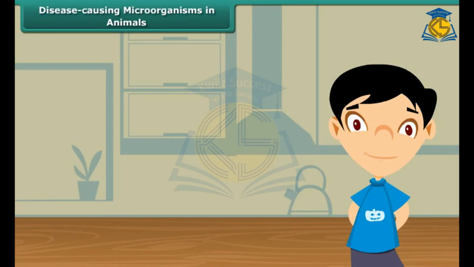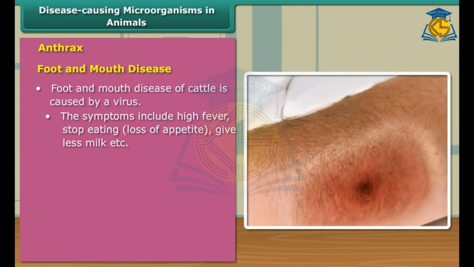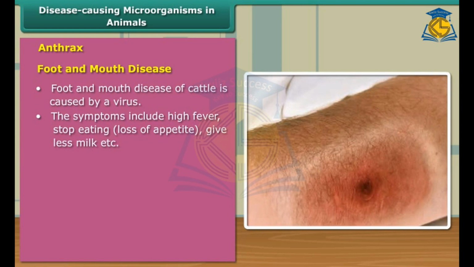Now let's move on to our next topic that discusses diseases in animals. Have you heard about any animal disease caused by pathogens? Anthrax and foot and mouth disease are the common examples of animal diseases.